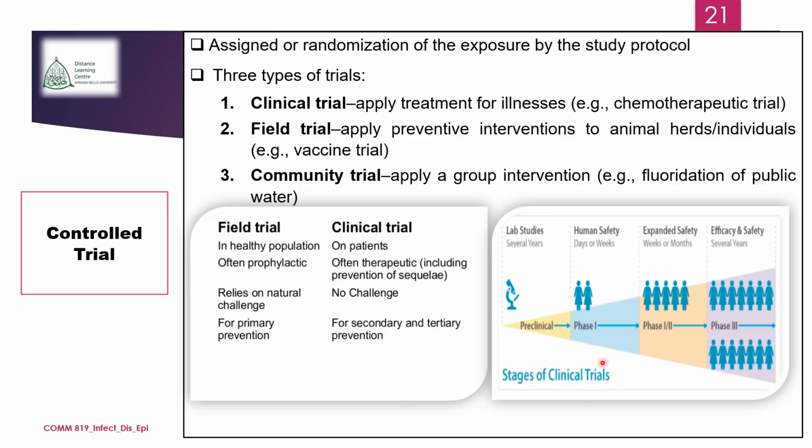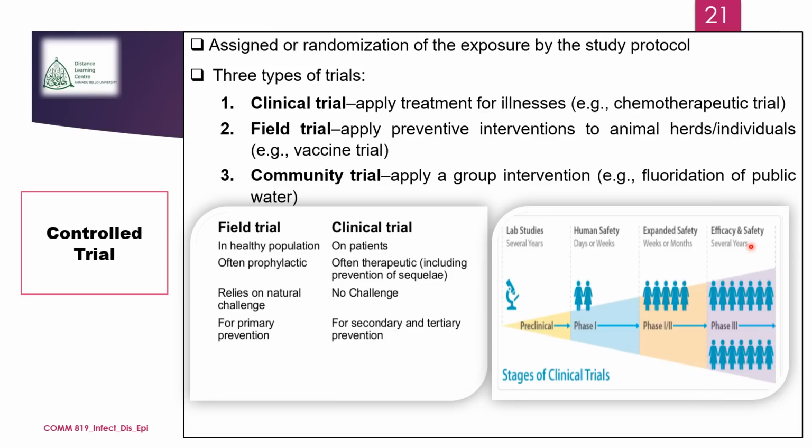So here you see the stages of clinical trial, starting from lab studies that take several years, which usually you term preclinical. Then it goes into phase one of trial, for instance vaccine development. Phase one is human safety, which usually takes days or weeks. Then it goes into phase two, which is expanded safety, and it could be weeks or months to ensure that it is safe.